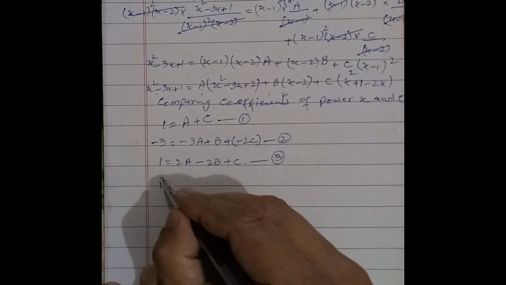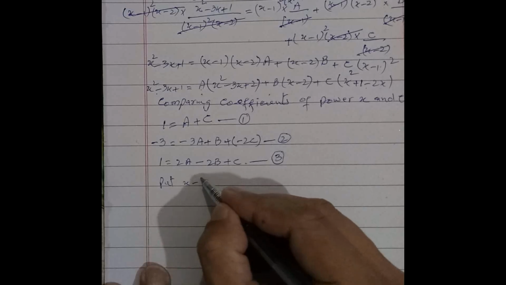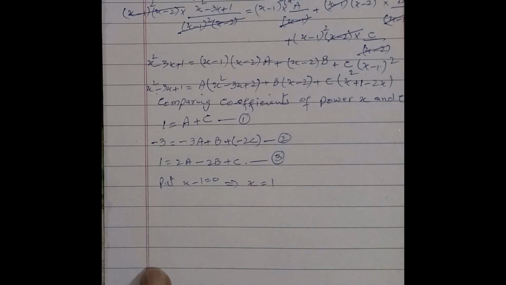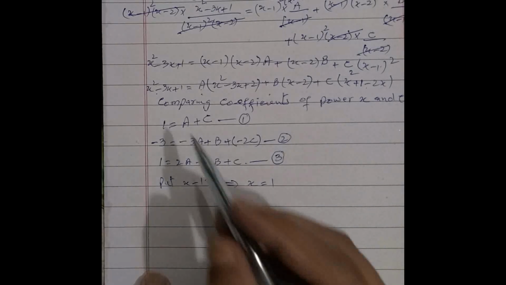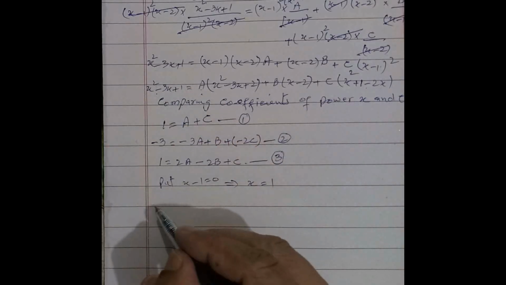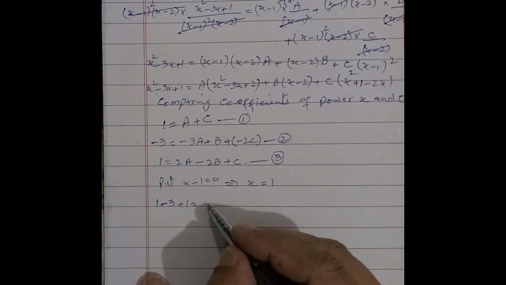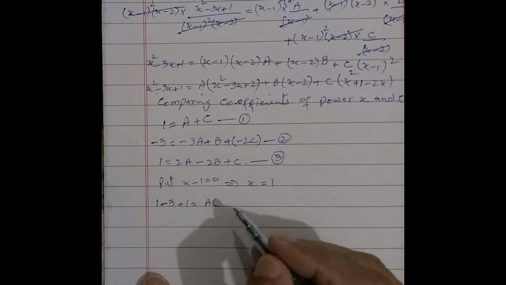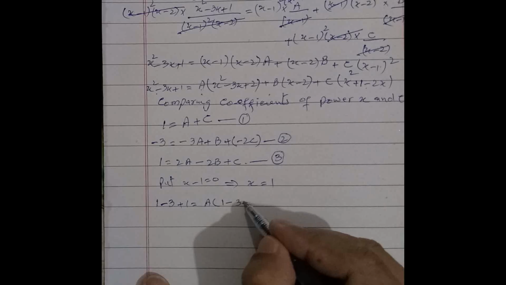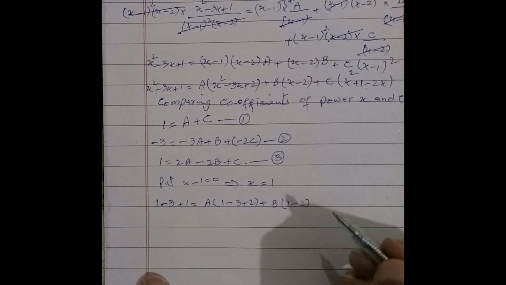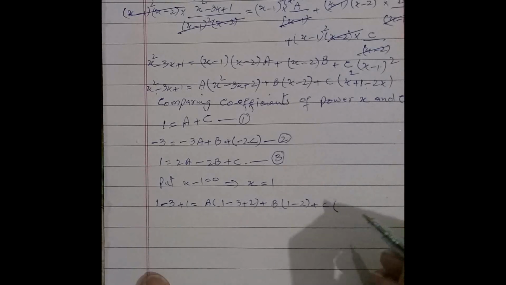Now we put x minus 1 is equal to 0, x is equal to 1, and put x is equal to 1 in this equation. We get 1 square minus 3 into 1 plus 1 is equal to a into 1 minus 3 plus 2 plus b into 1 minus 2 plus c into 1 plus 1 minus 2.